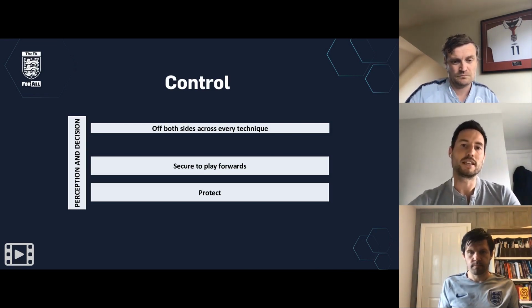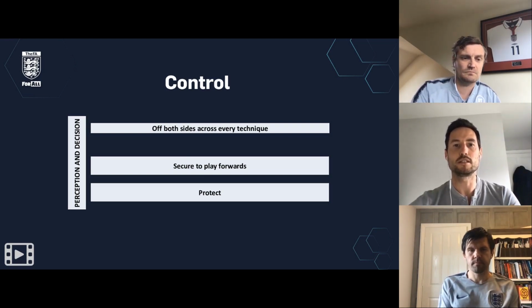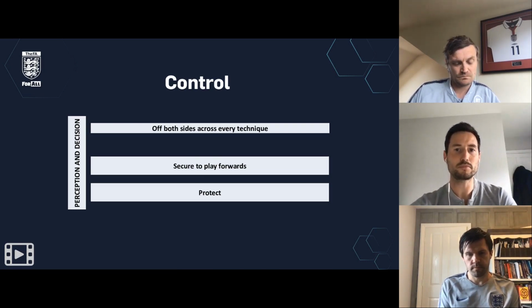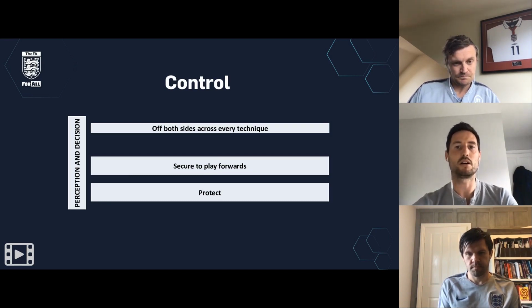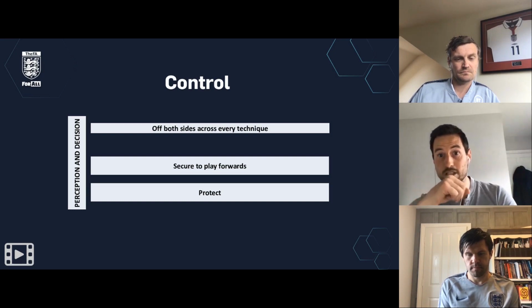In terms of the technique itself, we split this down into 2 areas or 2 reasons maybe that players would receive. Firstly, to secure the ball and secure it so they can play forwards as well. Now, this might be a moving touch to create new angles or break lines. It could be a stop touch or a feint touch to kind of engage the defender. And then in terms of protection, we've got control to protect.